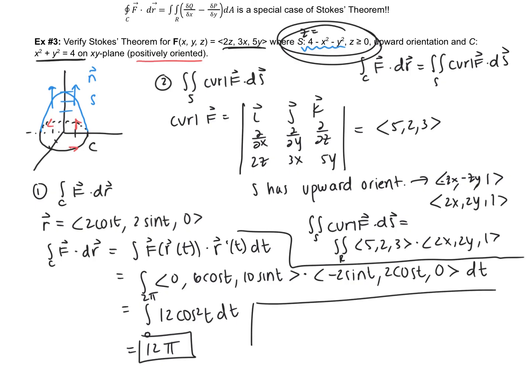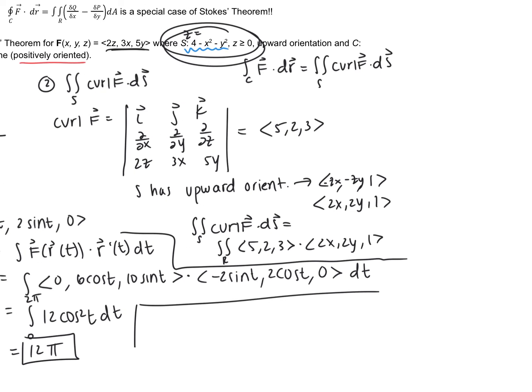So what I'm going to do is just move my screen a little bit so I can continue my calculation. So that becomes the double integral over the region R of 10x plus 4y plus 3, dA. And we can probably see, since our region R is a circle, that converting to polar is the way to go.